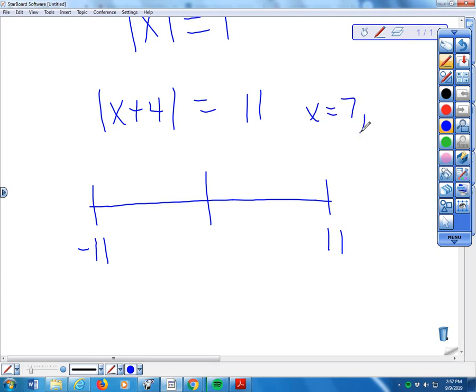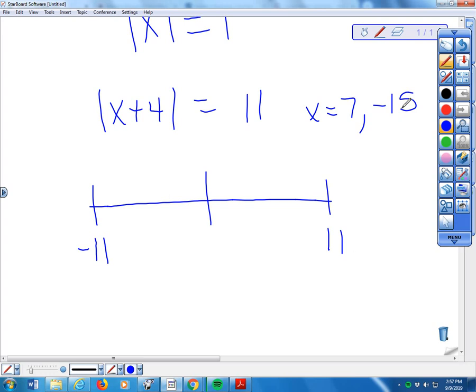And what number plus 4 is -11? -15. So absolute value equations always have 2 solutions. Say that again, because one of you on the test will tell me there's only one answer. Absolute value equations always have 2 solutions.